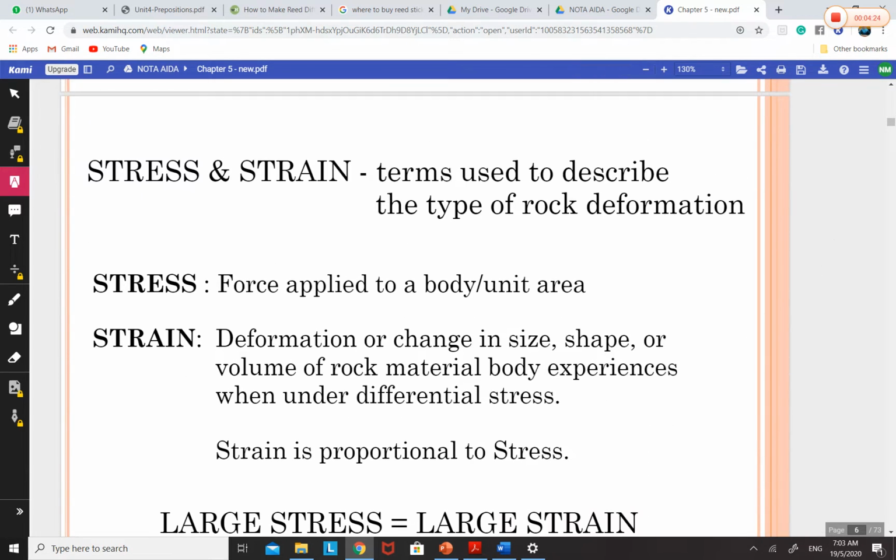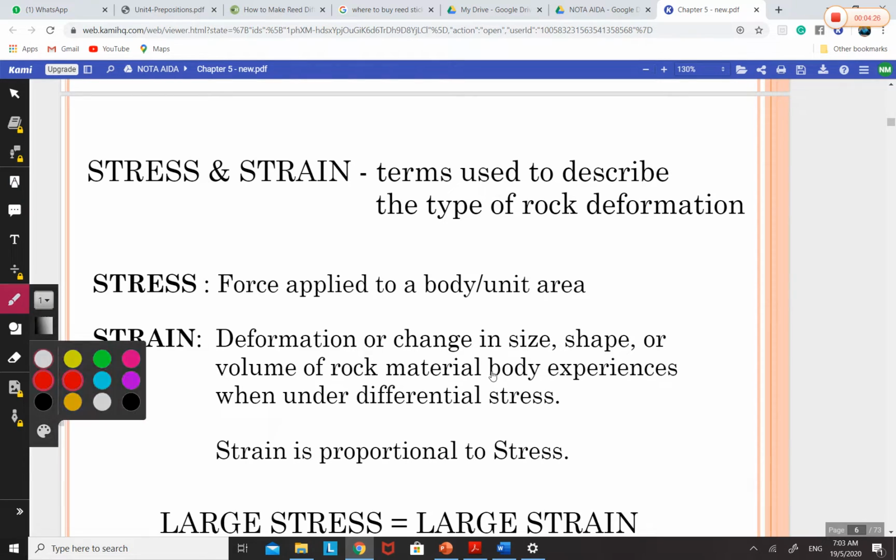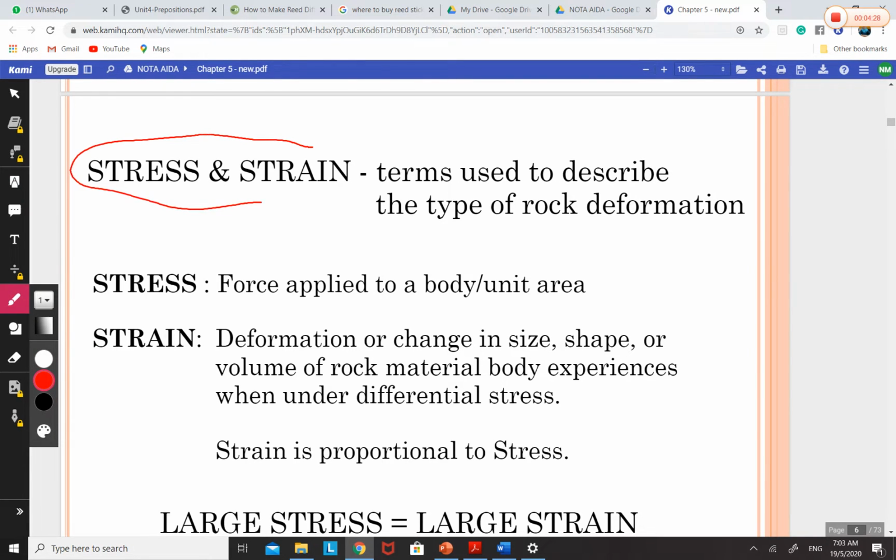So you must remember these two terms, stress and strain. I think in solid structure you also met these terms, stress and strain. Later next semester in soil mechanics you will also be introduced to stress and strain.